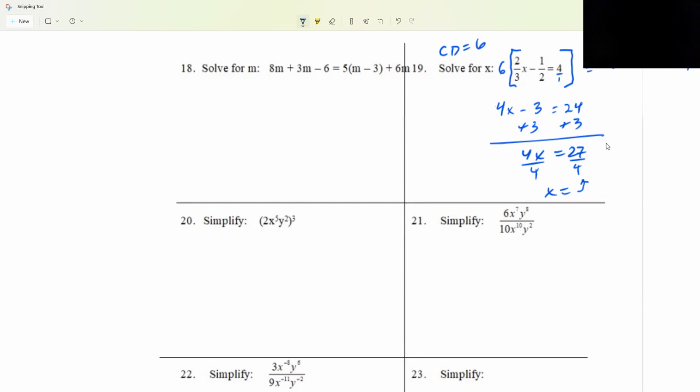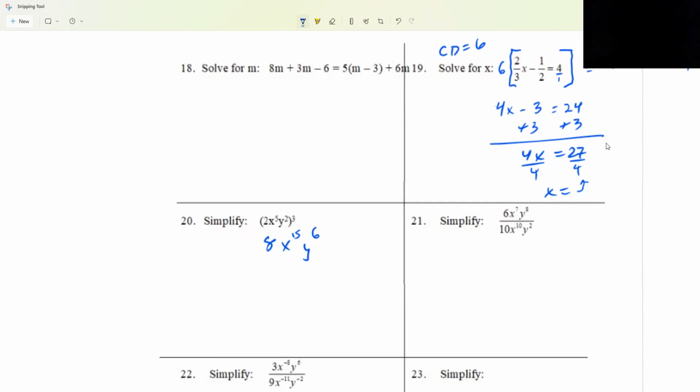Okay. And then you have the power rule, which is what this is. So 2 to the third is going to be 8. 5 times 3 is 15. 2 times 3 is 6. Make sure you remember which one's which. Okay, people add these all the time or multiply when they get them backwards.